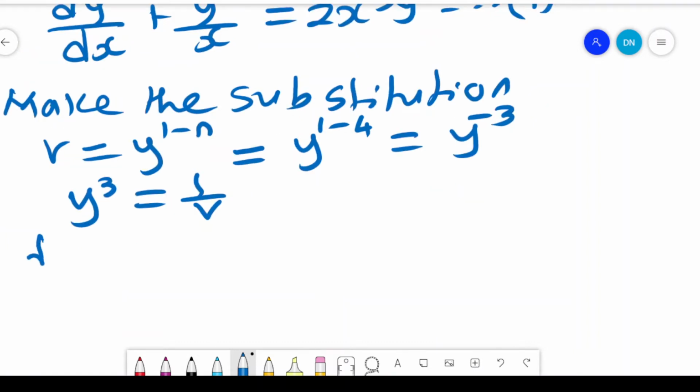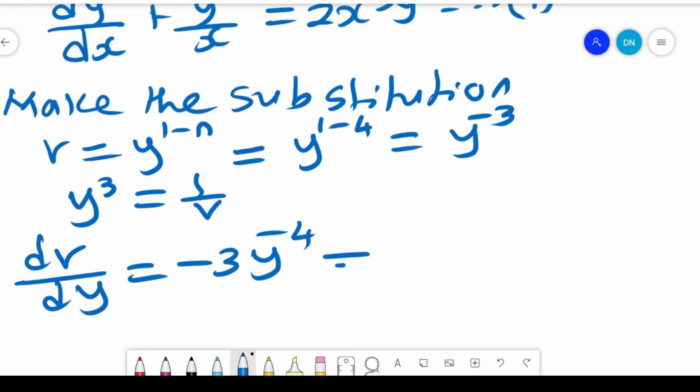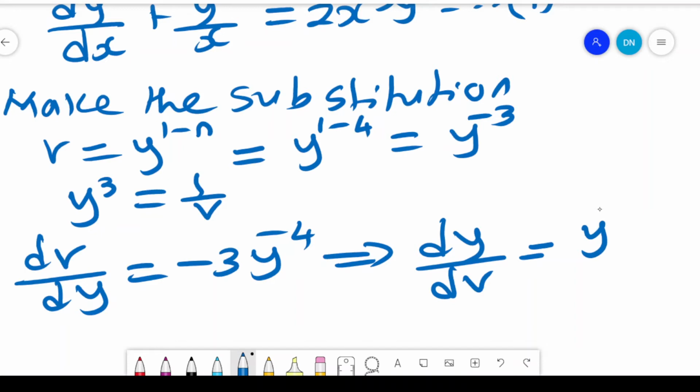That gives me dv/dy = -3y^(-4). And this means that dy/dv will be given by -y^4/3. Why am I interested in dy/dv? Because I need to rewrite dy/dx in terms of dv.